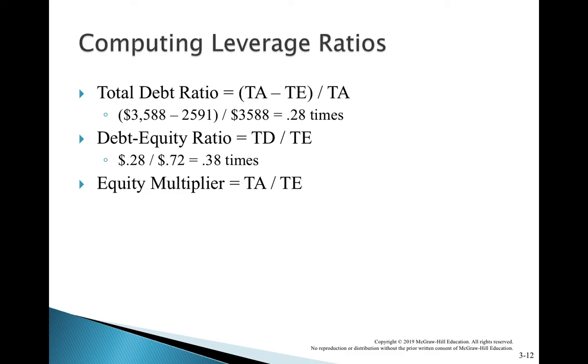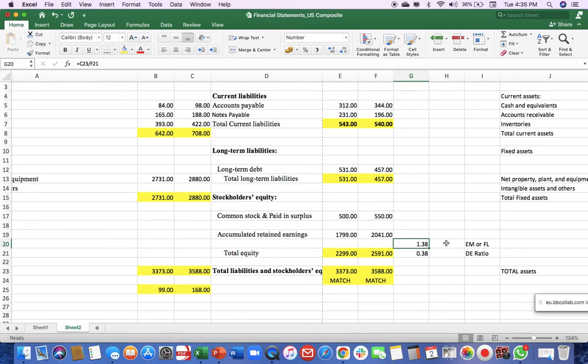If your equity is $1, then your total asset is $1.38, because your 38 cents is debt, so your total asset will be debt plus equity. So for each $1 of total equity, $1.38 of total asset is there in the business.